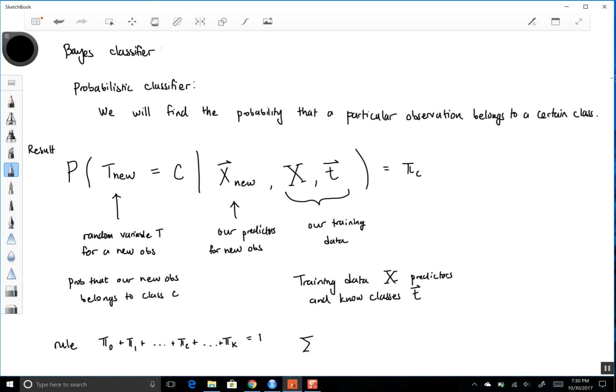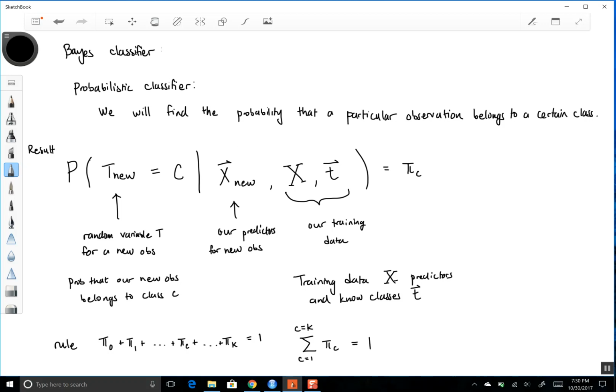Or in other words, the sum of all possible probabilities from C equal to class 1 to C equal to class K adds up to 1. Okay, so the result of our Bayes classifier is going to be the probability that our new observation belongs to class C, given the values of the predictor variables for our new observation, and given all of our other training data.